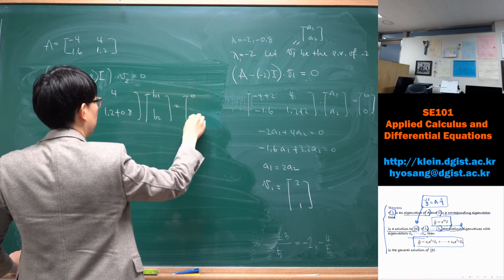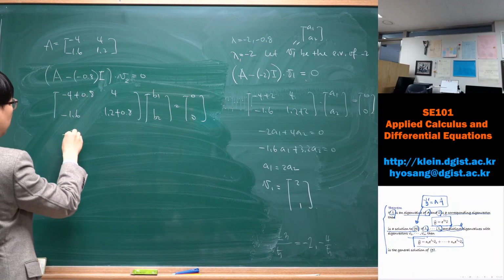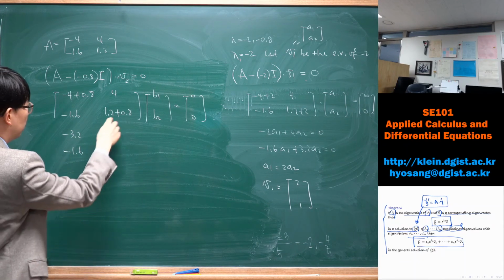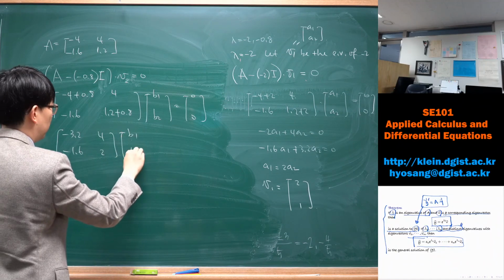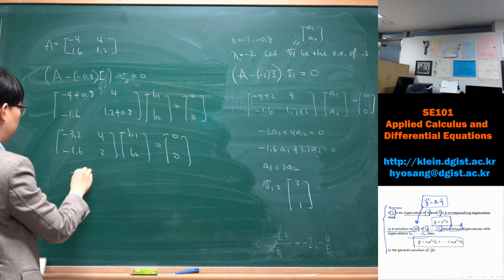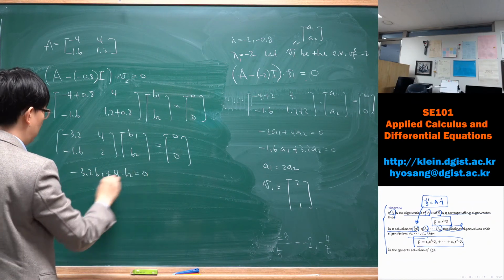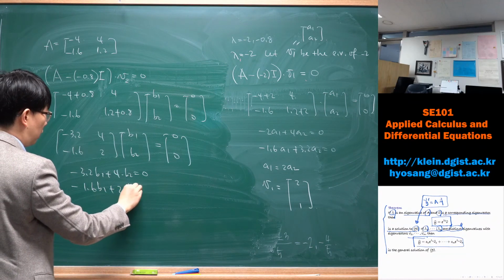That should be 0. And this is minus 3.2, 4, minus 1.6 and 2 times B1, B2 equals 0, 0. So I have minus 3.2 B1 plus 4 times B2 equals 0 and 1.6 B1 plus 2 times B2.